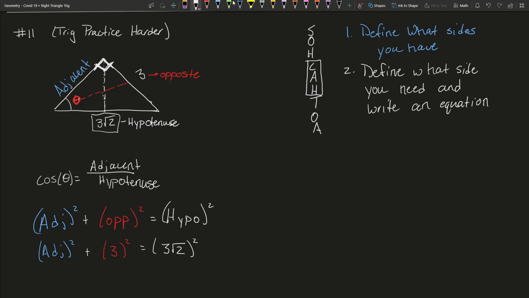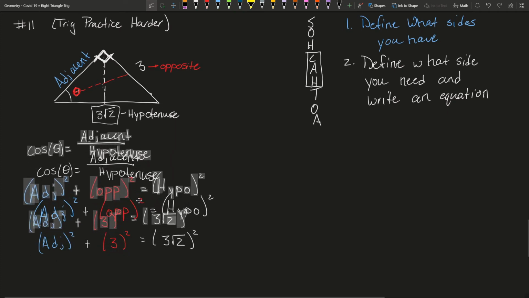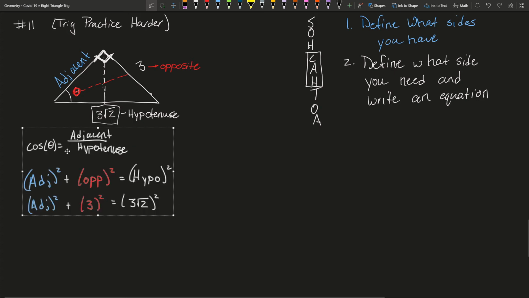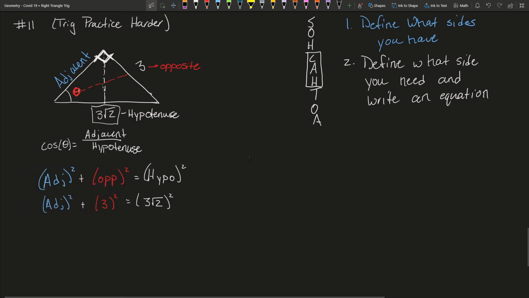But if this was sine, we wouldn't have to do that. So we found what side we needed, the adjacent side, and then we set up an equation for it, which is this right here.